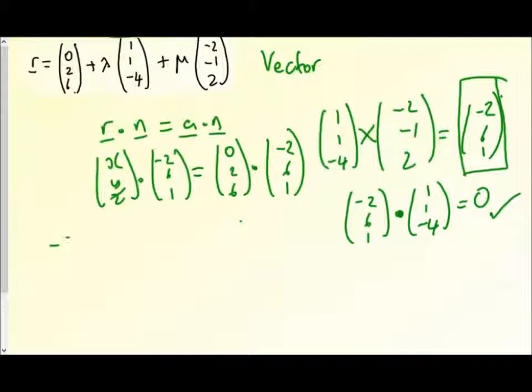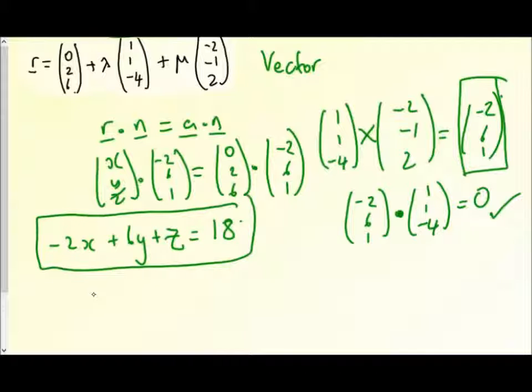And once we work that out, -2x plus 6y plus z is equal to 18, isn't it? Okay, so that is our Cartesian form of the plane. Here's the vector, here's the Cartesian, and here, if you like, is the normal.